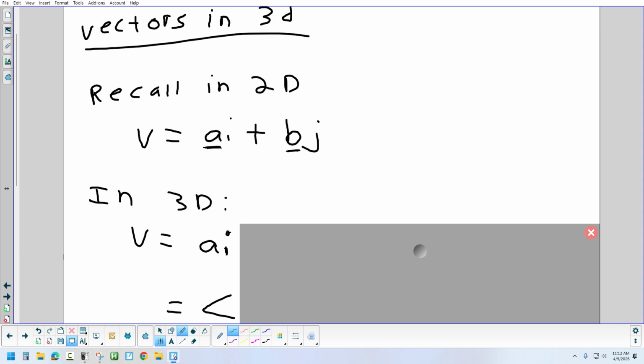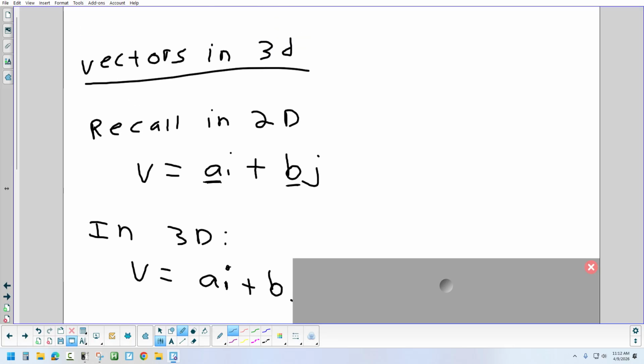We just make the A negative. B, that's going to be my y-axis component. And that's the y-axis component because it's being multiplied by the unit vector j, which is a unit vector that points 1 unit up. So in 2D, that's all we needed.